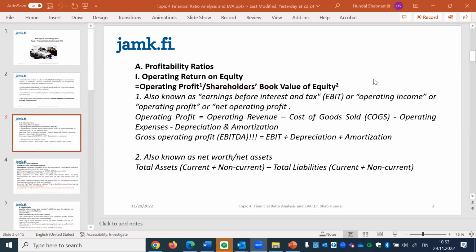Depreciation we discussed a few times. That depreciation is basically the loss, the falling value of the fixed assets because of the wear and tear. Depreciation is on the fixed assets. Like for example, if you buy a car, and you know that the car would last for 20 years, that's a working life of the car, then you can split the whole value of the car into 20 parts.